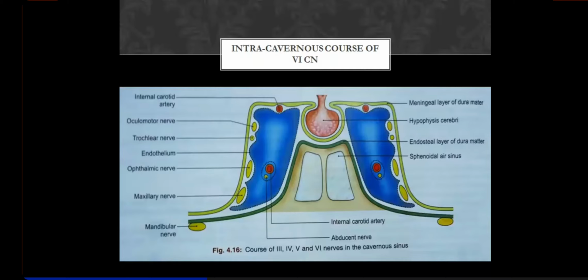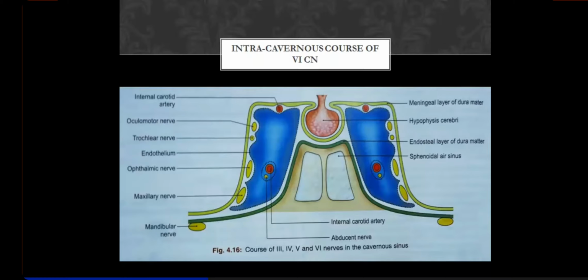An infralateral relation is also seen in the relationship of the optic nerve and the ophthalmic artery in the optic canal.